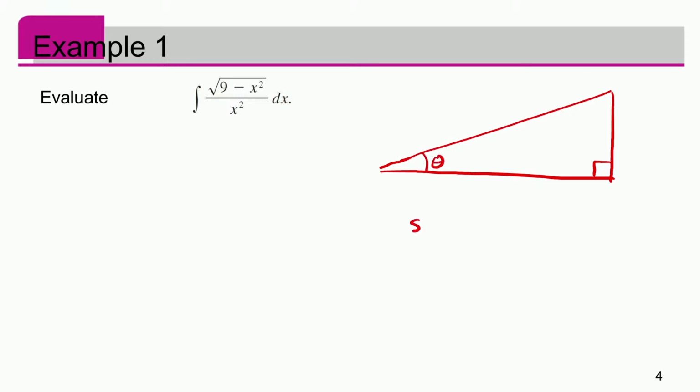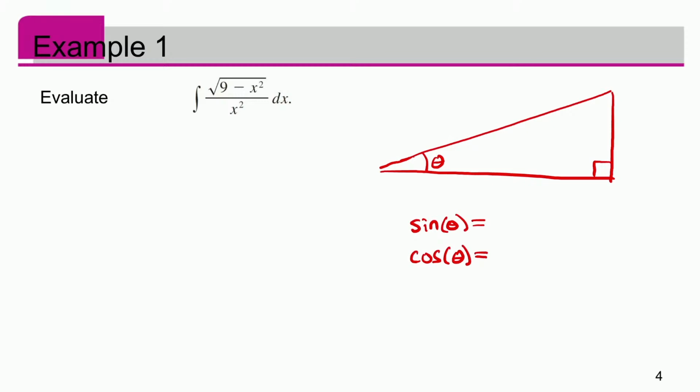Let's write down what the sine and cosine of this angle are. If you had to tell me the relationship between that triangle and the sine and cosine, what would you say? I'm sure most of you have some clue, but if you don't, that's okay. We'll help you through it.